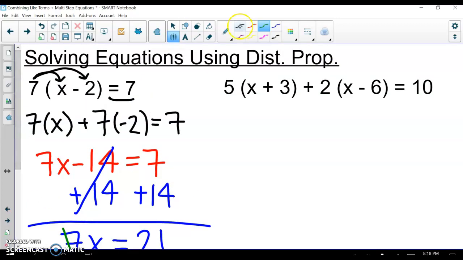The last example we're going to do is going to get into the idea of combining everything we've learned: how to distribute, how to combine your like terms, your multi-step, and your single-step equation. So here it is. We're going to multiply through.